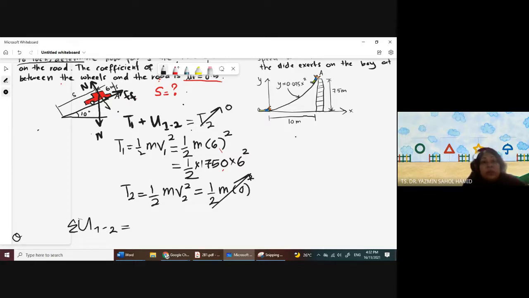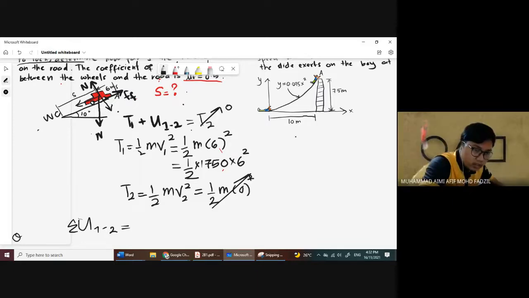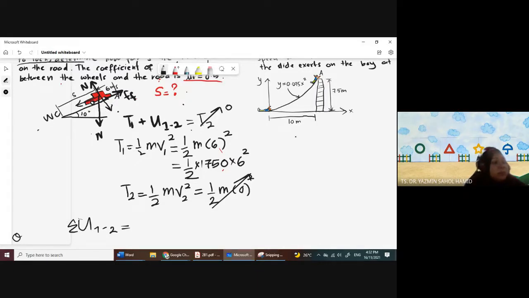If you resolve the weight, you have W cos theta and W sine theta. This is your angle theta. So in the direction of the displacement you have W sine theta.